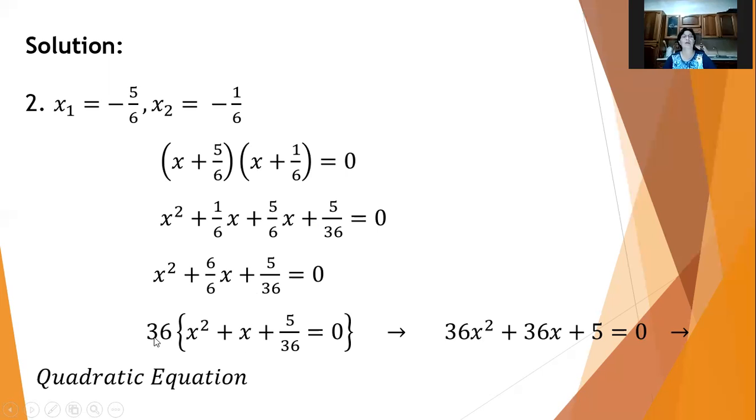Then multiply by 36. 36 times x squared is equal to 36x squared. 36 times x is equal to 36x. 36 divided by 36 is equal to 1. 1 times 5 is equal to 5. That is equal to 0. The equation is 36x squared plus 36x plus 5 is equal to 0. This is now the quadratic equation. You just follow the procedure.